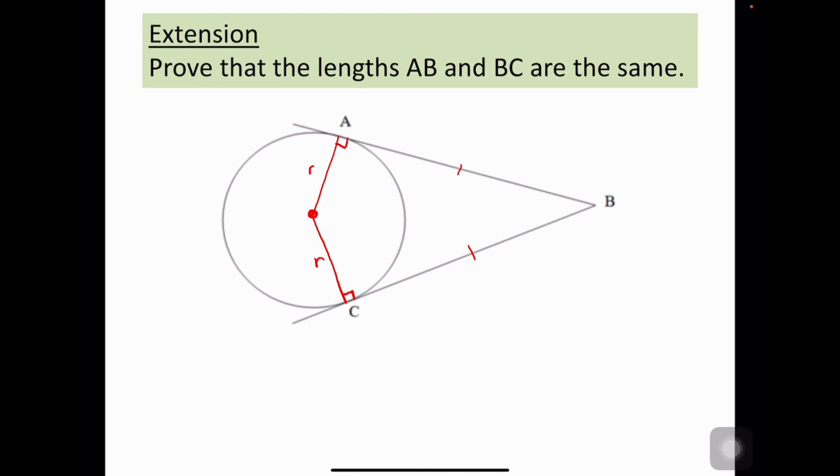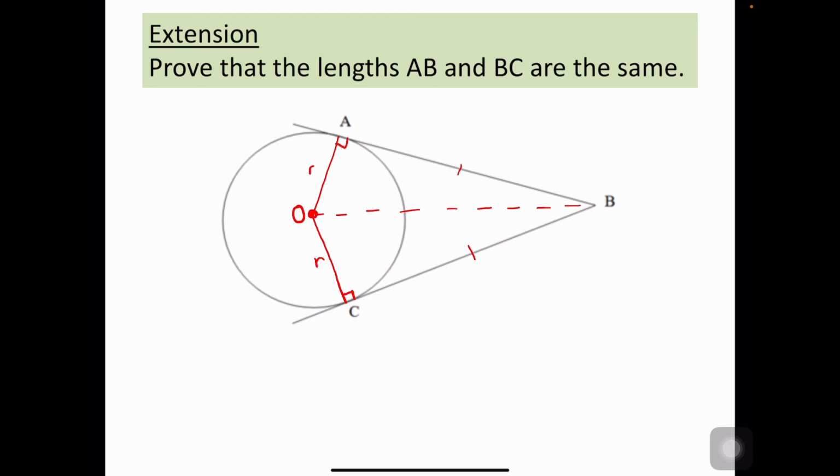So what I'm going to do is draw a dotted line in between these two tangents. So let's say this is O. So now we have two right angle triangles, right?